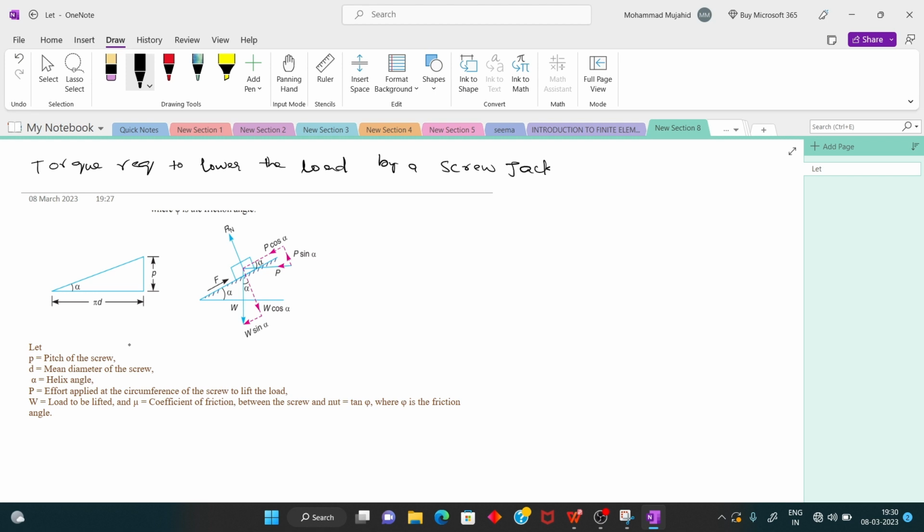Let p be the pitch of the screw, d the mean diameter of the screw, alpha the helix angle, and P the effort required at the circumference of the screw to lift the load. Next, W is the load to be lifted, mu is the coefficient of friction between the screw and the nut, and tan phi is the coefficient of friction.